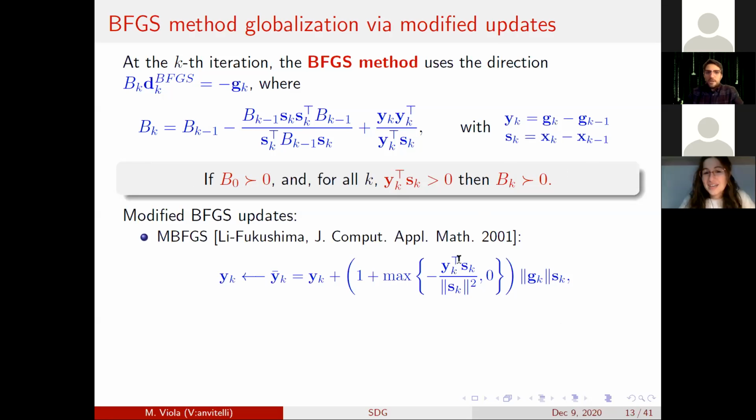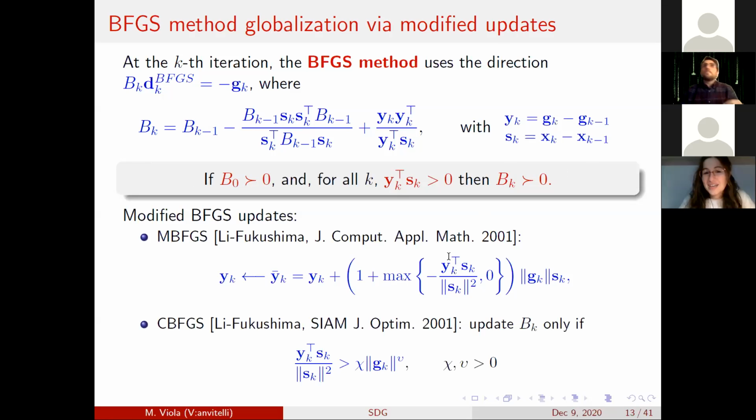Another strategy is the so-called BFGS with cautious update, CBFGS, in which, given two constants epsilon and upsilon, you check at every step if the scalar product satisfies this condition, which means that it is sufficiently positive. If and only if this is satisfied, then you perform the update on the matrix. Otherwise, you stay with the previous approximation. Between these two, the second one is far more efficient from the computational point of view.